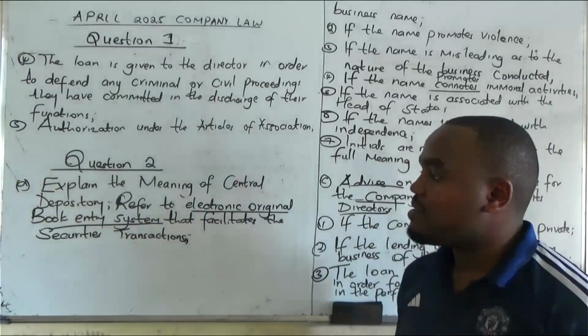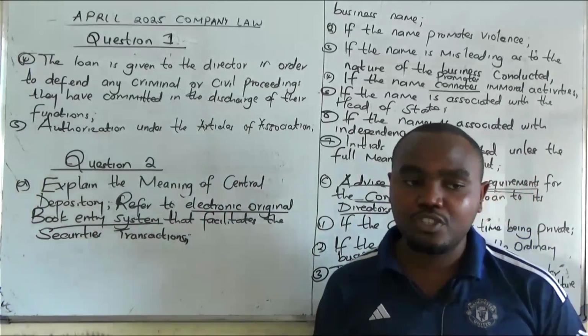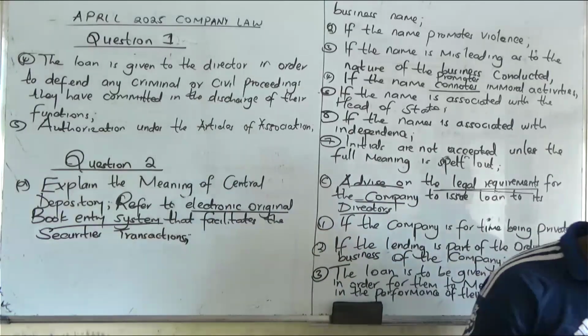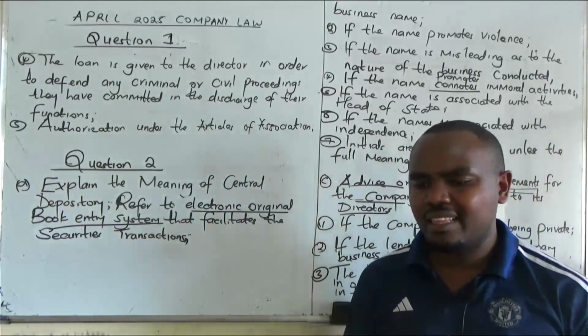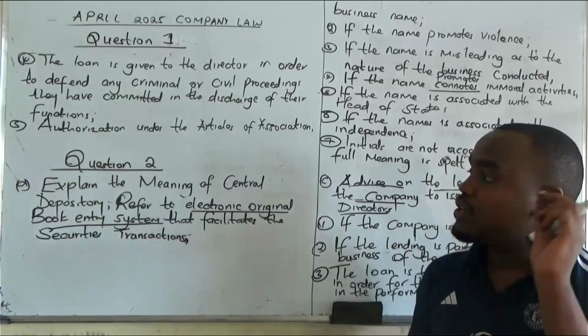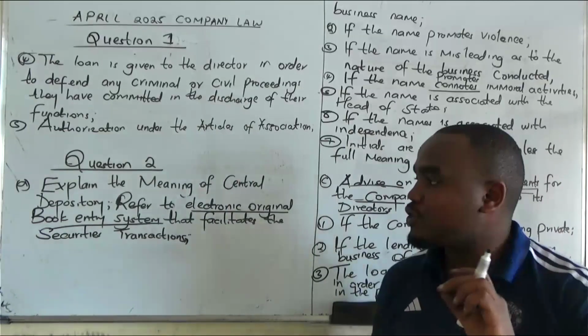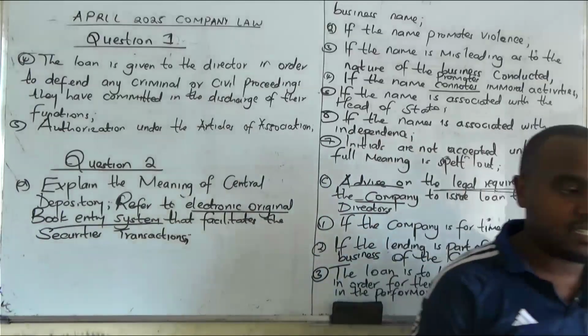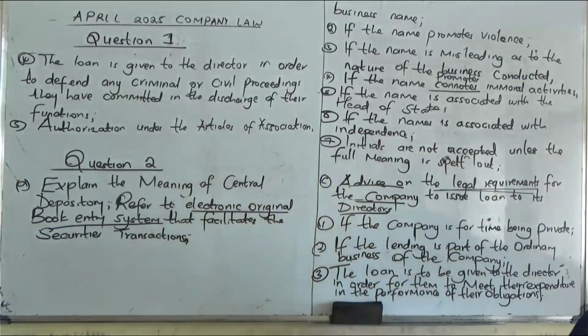This work is supervised by what we call the Central Depository Settlement Corporation. There are different types of CDS accounts on the financial market. So the central depository is the electronic original book entry system that facilitates subsequent securities transactions.